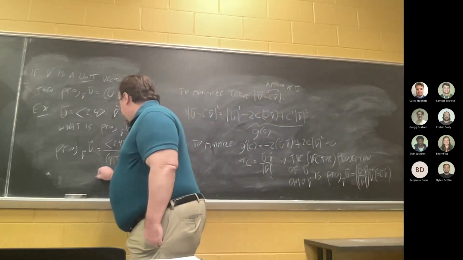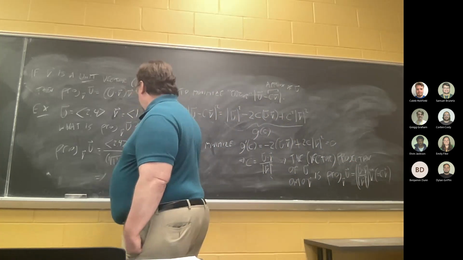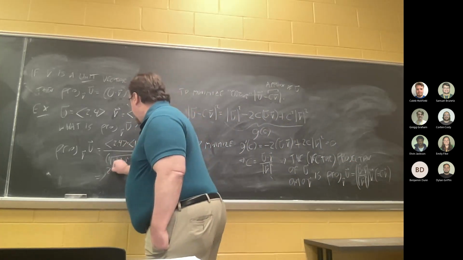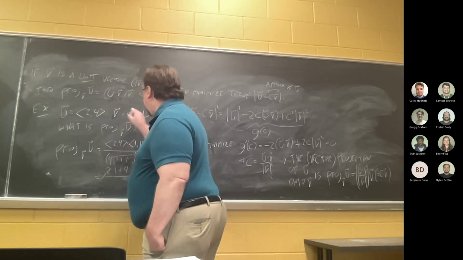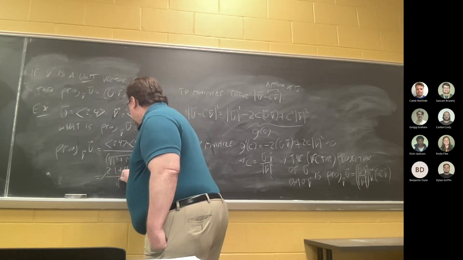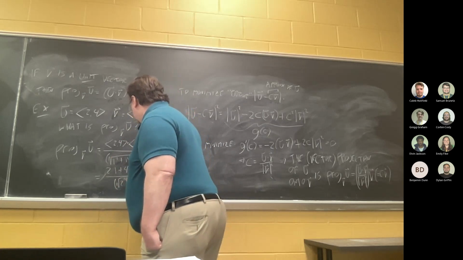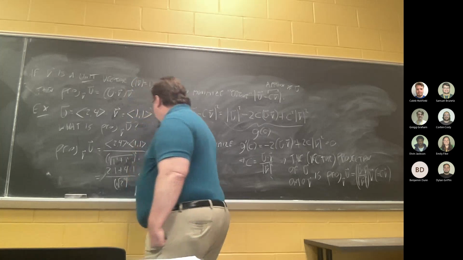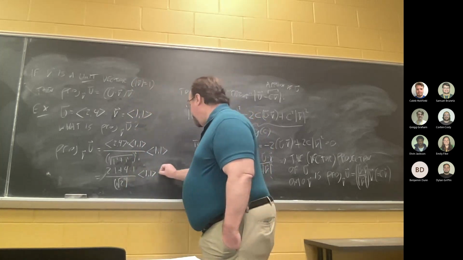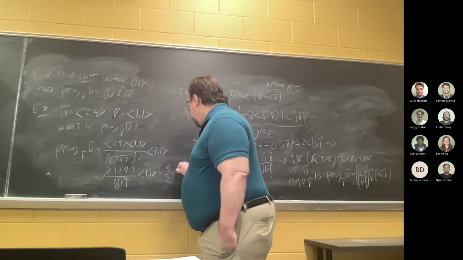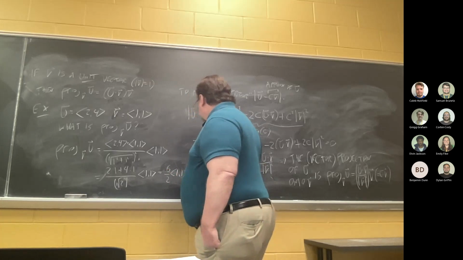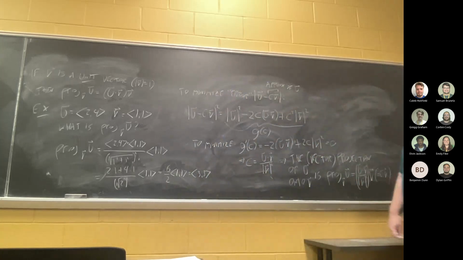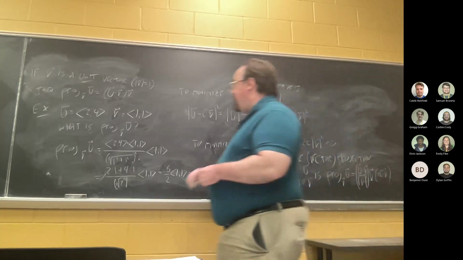So we get 2 times 1 plus 4 times 1 over the magnitude of v, which is square root of 2, but that's squared. Okay, so then we end up with the vector 3, 3. So that is the one vector in the direction of v that comes as close as possible to u.